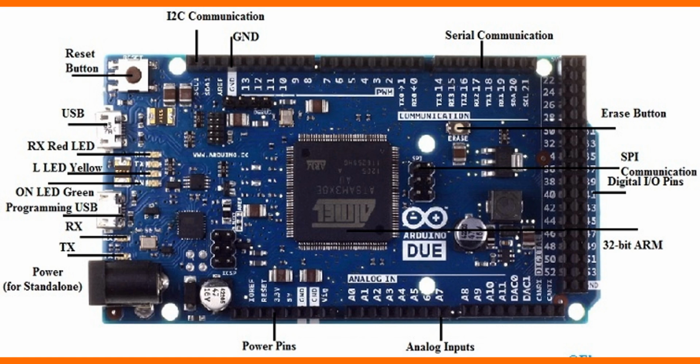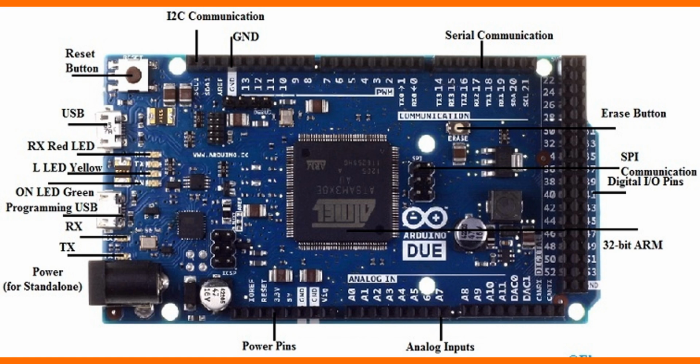GND or ground pins provide the ground reference for the entire circuit. Reset can restart the microcontroller when pulled low. Newer boards may include pins like VUSB, VBAT, or 5 volt EN for more flexible power operations.